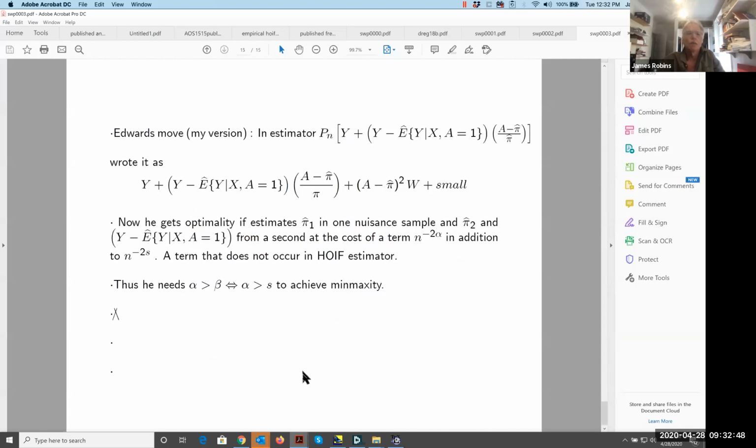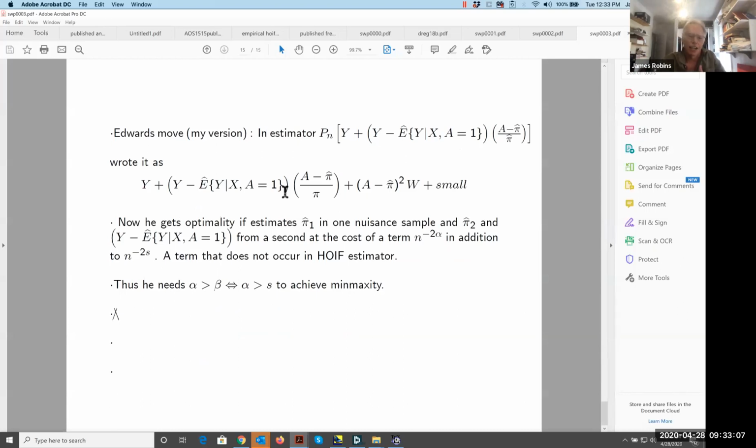But the problem is the functional, the average treatment effect and the functional that Edward was estimating aren't of that form because they have an A minus pi, but then they have a pi in the denominator. And it's that pi in the denominator that you can't use that method.